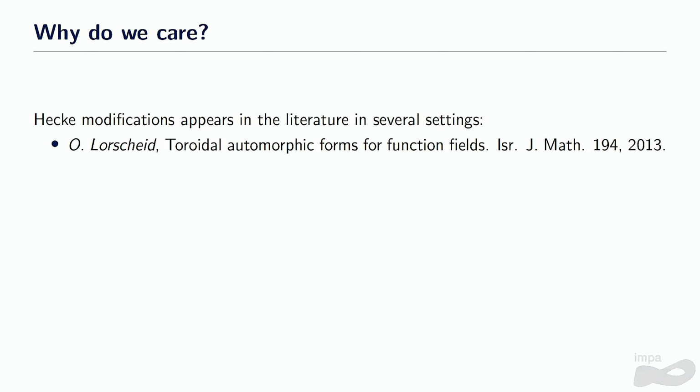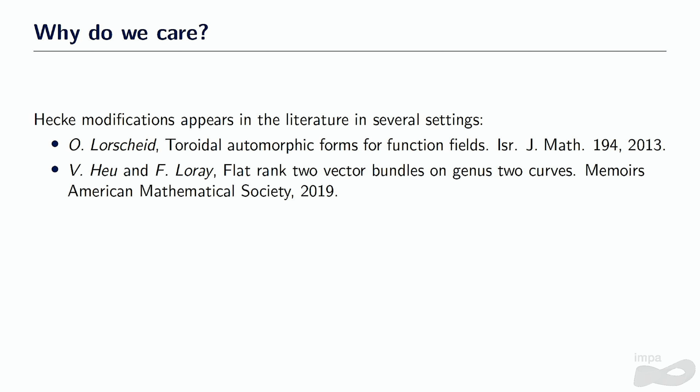But these Hecke modifications also appear in other contexts, as I have some examples here. In Viktoria Heu and Frank Loray, it appears when they are studying vector bundles with logarithmic connections. So this is an example of Hecke modifications in complex geometry.